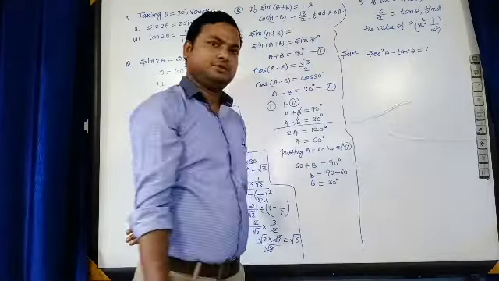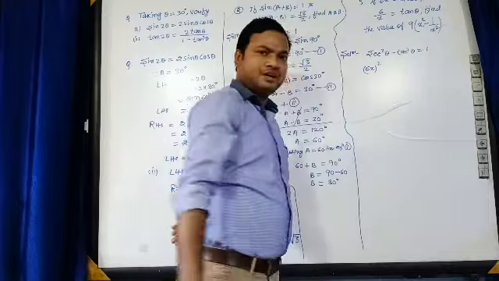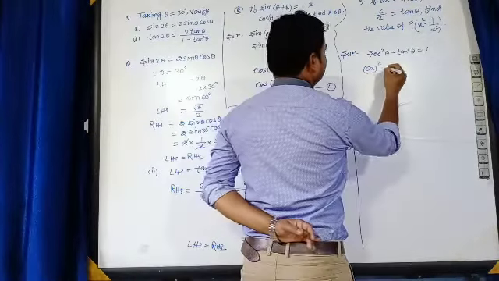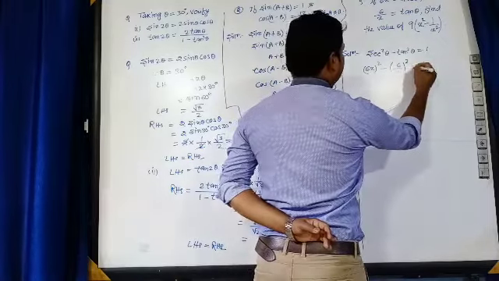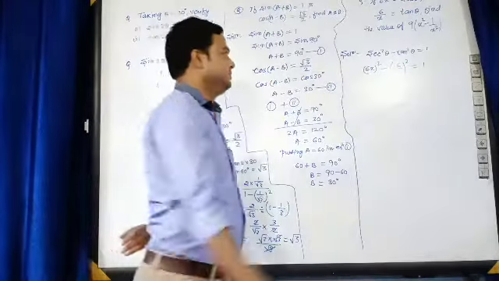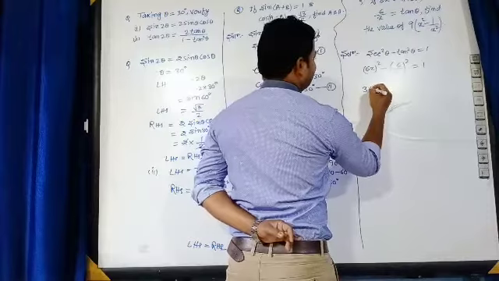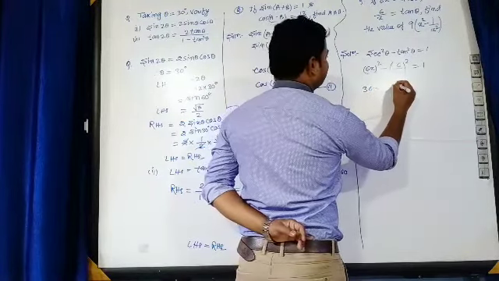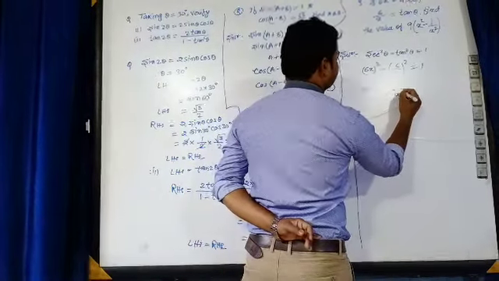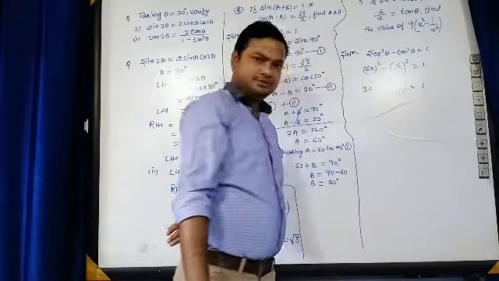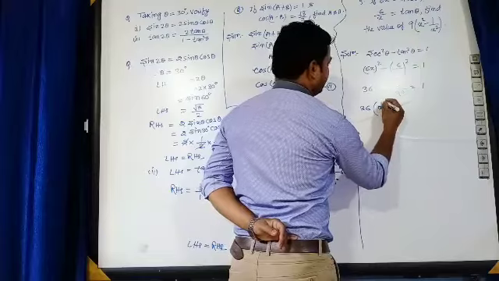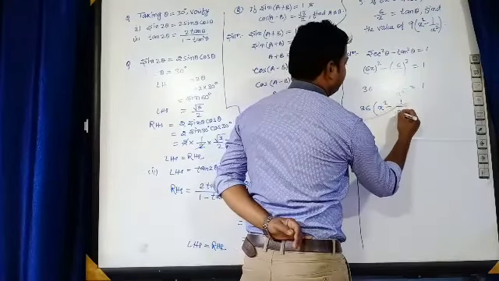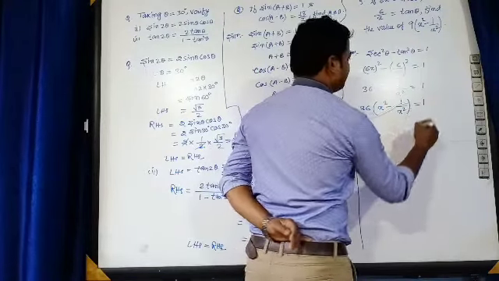So the value of sec theta is 6x whole square minus tan theta 6 by x whole square equals 1. Now 36x square minus 36 by x square is equal to 1. Just taking 36 common, x square minus 1 by x square is equal to 1 by 36.